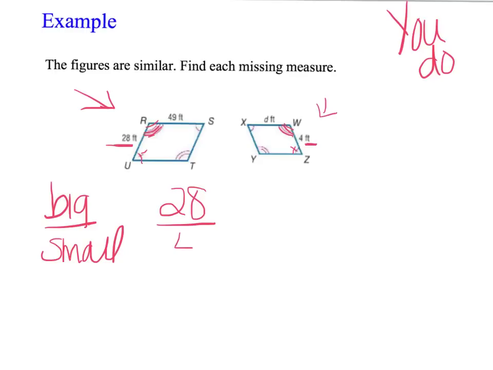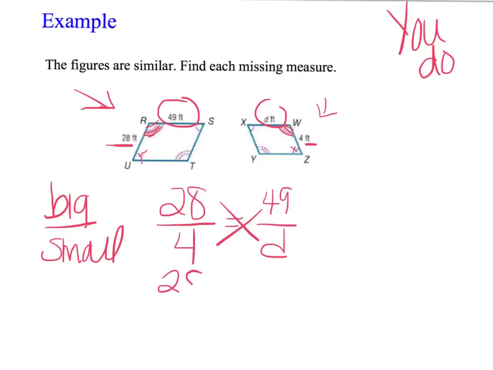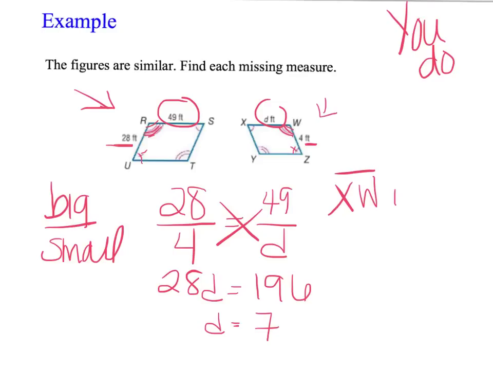So that's 4 equals, we've got this guy here, big, as 49, and my corresponding side to that is D. Now I'm going to solve my proportion here, and I get 28D equals 49 times 4 is 196. Divide by 28, and 196 divided by 28 is 7. So side XW is 7 feet.